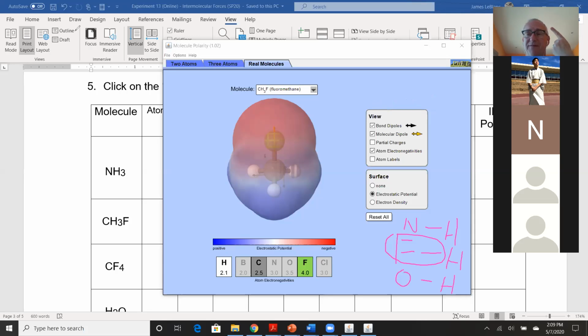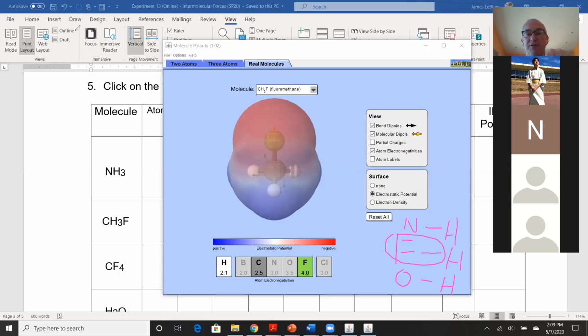So if the hydrogens are bound to carbon, that means they're not going to have nearly as high a partial positive charge as they would if they were bound to nitrogen or fluorine or oxygen directly.